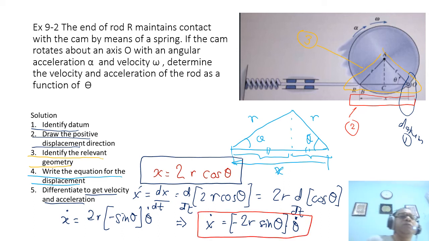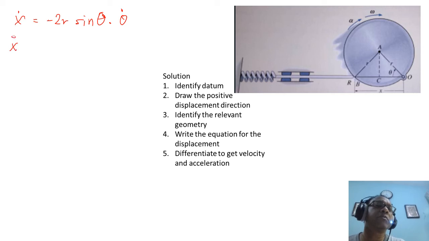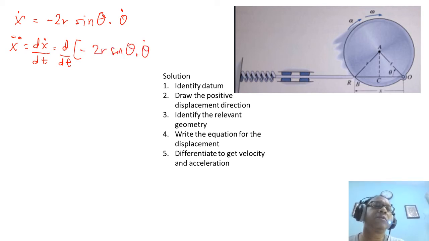If you want to find the acceleration, let's move to a clear plate. So we have x dot equals minus 2r sin theta theta dot. We want to find x double dot equals d x dot over dt, so we have to differentiate the whole expression. We can take the constant out, so this equals minus 2r d over dt of sin theta theta dot.